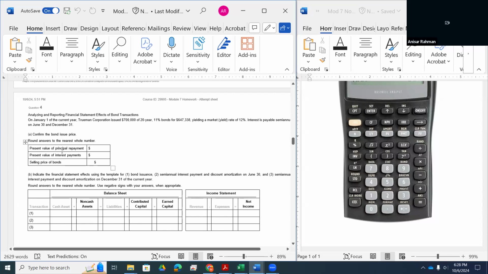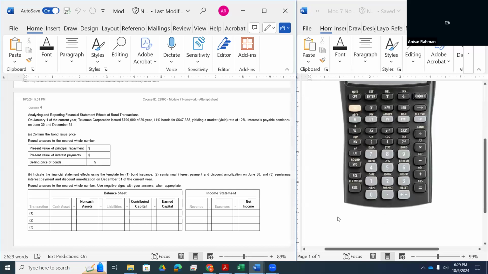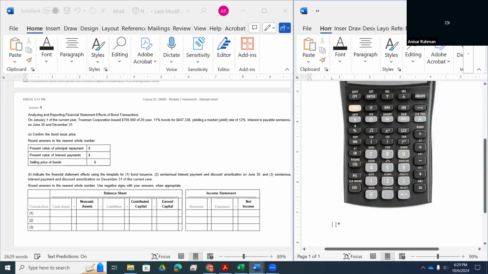So we have to find out the present value of principal repayment, present value of interest payment, and selling price of the bond. First of all, this company issued $700,000 of 20-year bonds. This is the amount we call face value.